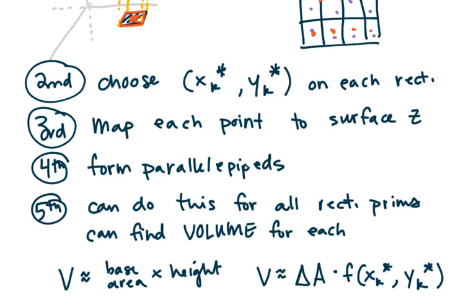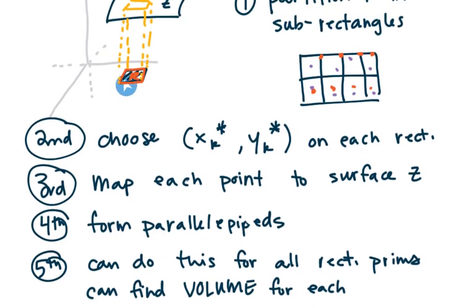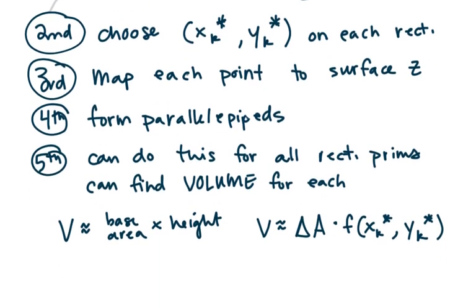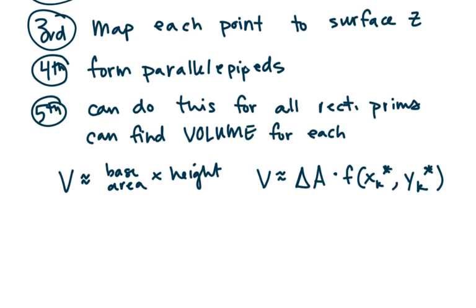It doesn't have to be the left or the right, and I'm still going to get a good approximation. So that's what this star means. So we've got the base area times the output function value, and that gives me the volume of one rectangular mapping.